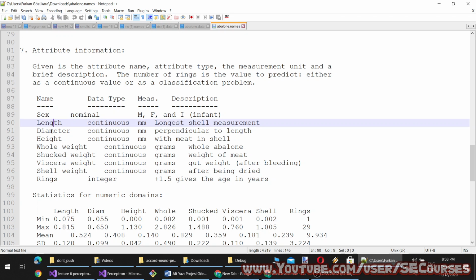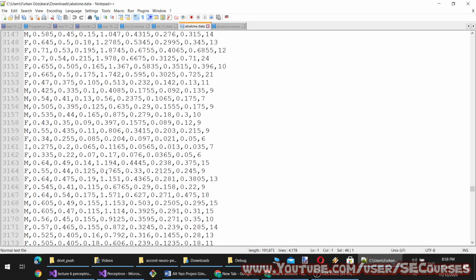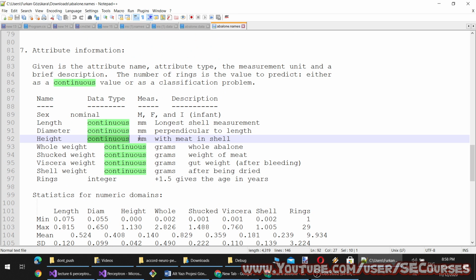And okay, so length, diameter is perpendicular to the length, height with meat in shell. You see these are continuous data. Actually all of them are continuous data. Therefore you can scale it. Since these are continuous data, if you use decision trees, you have to categorize them.